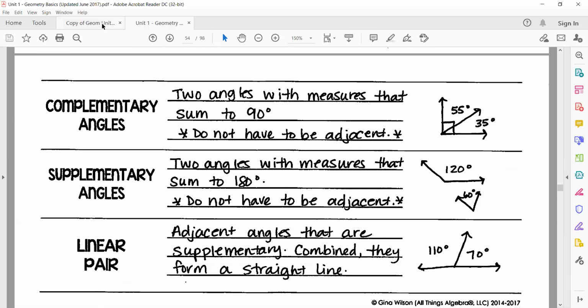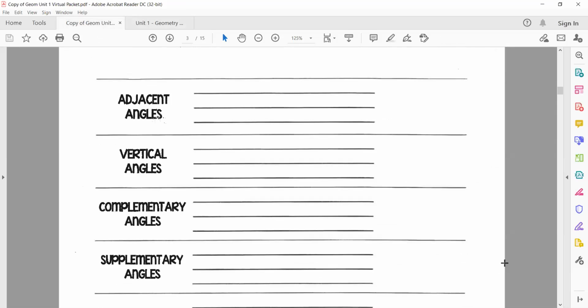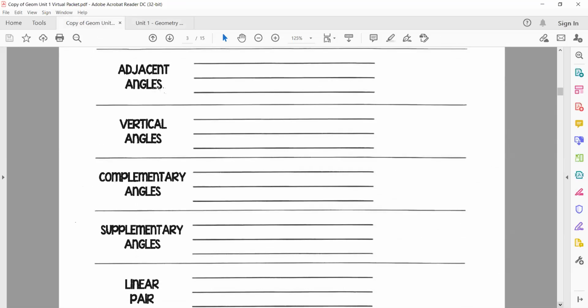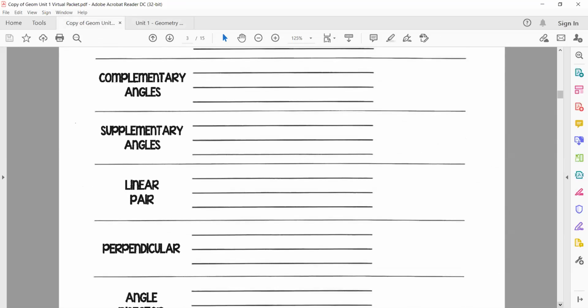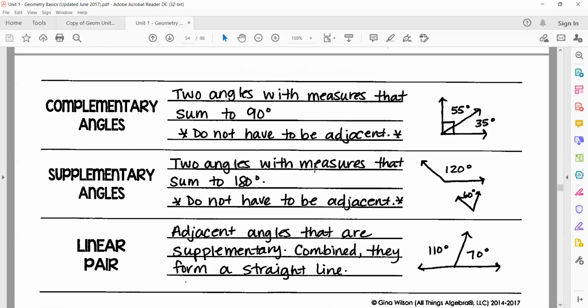The next two, complementary and supplementary, are also ones that people get confused about. So be sure that you've practiced with these enough to know what complementary means. Doesn't mean that they're nice angles, that they have nice clothes on.